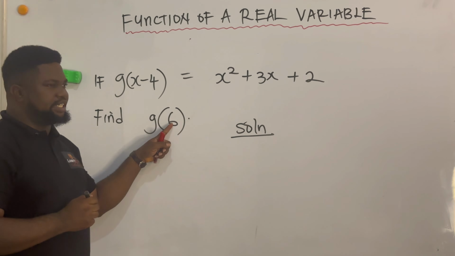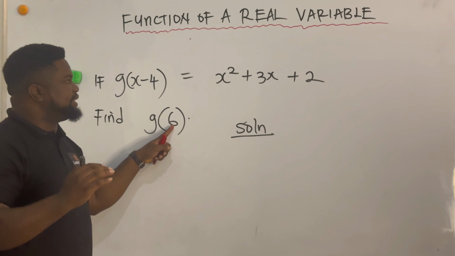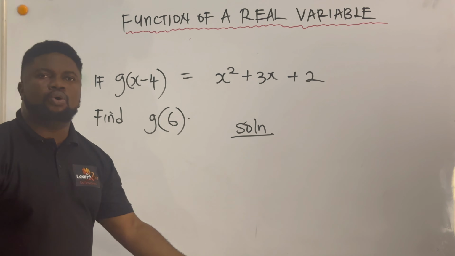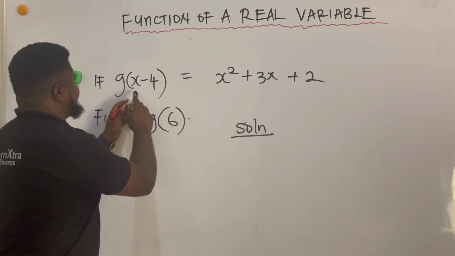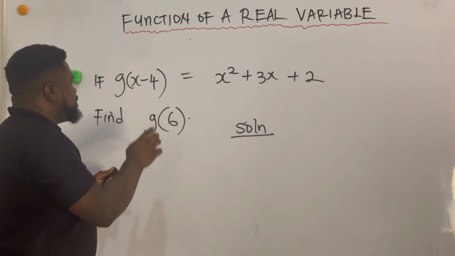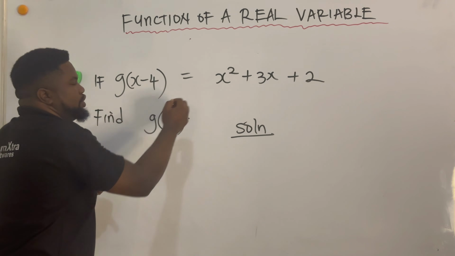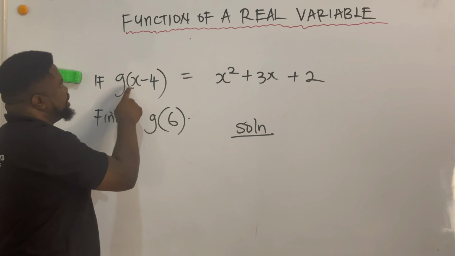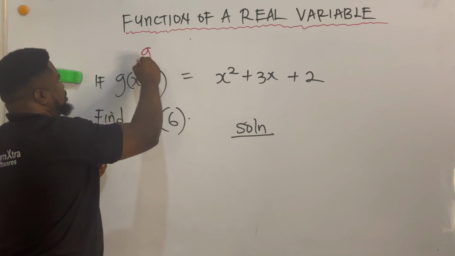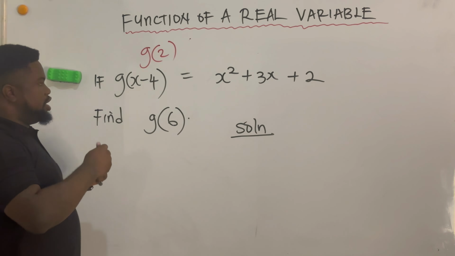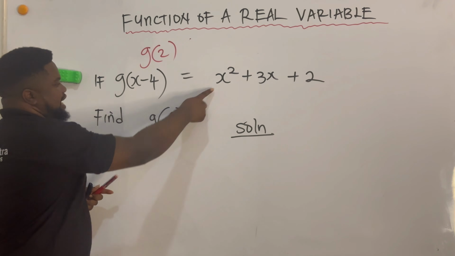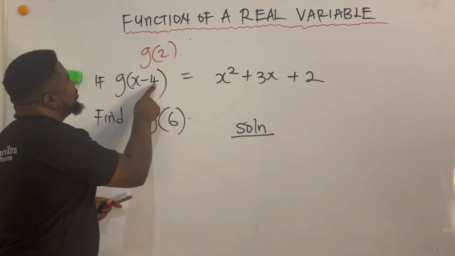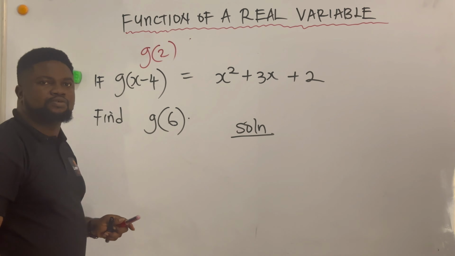We need g of 6. Do we go ahead and plug 6 as the input? No. If we put 6 here as x, what we are getting is going to be g of 2, because x as 6 means 6 minus 4, which is 2.